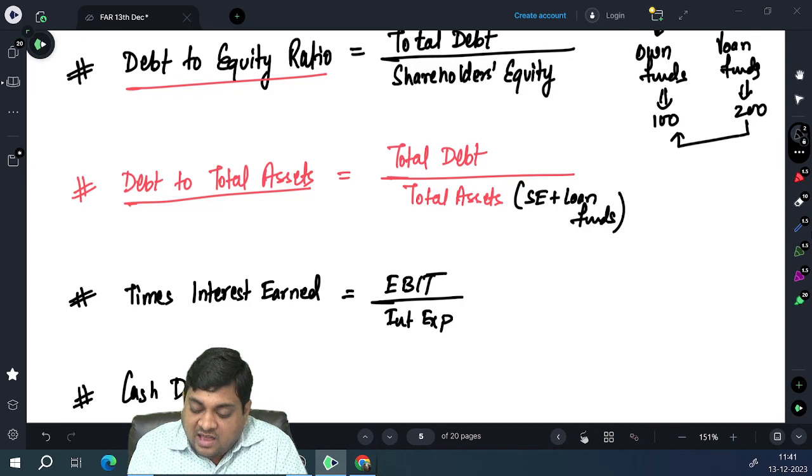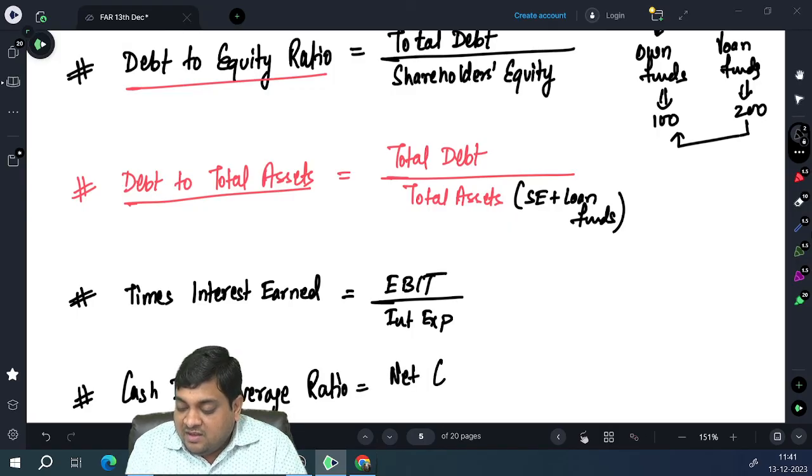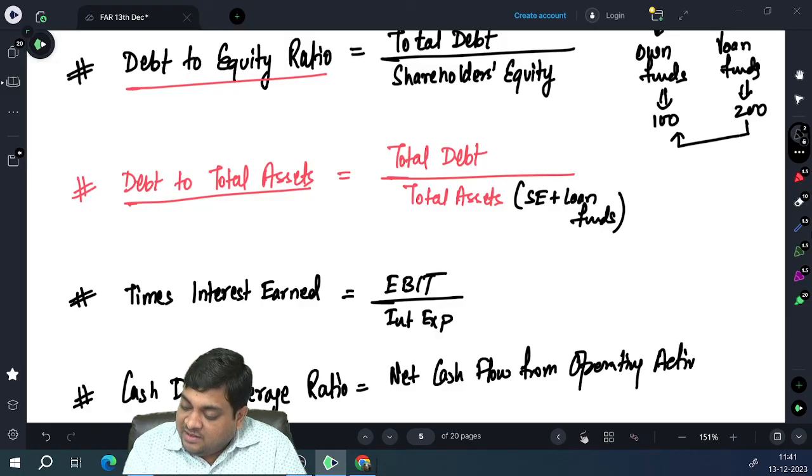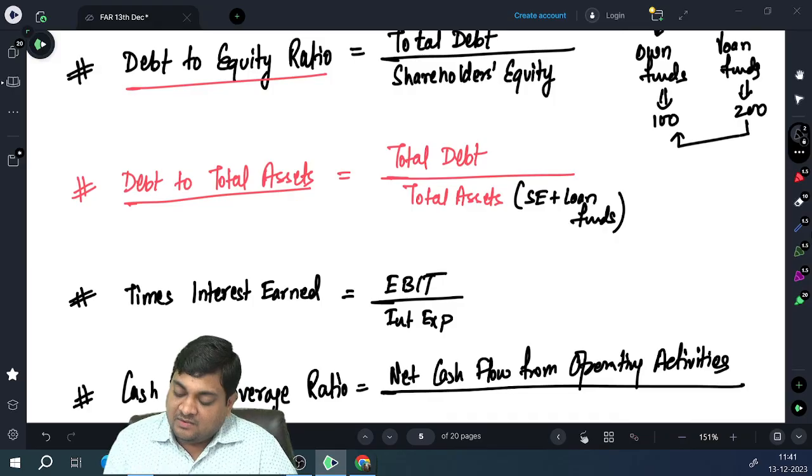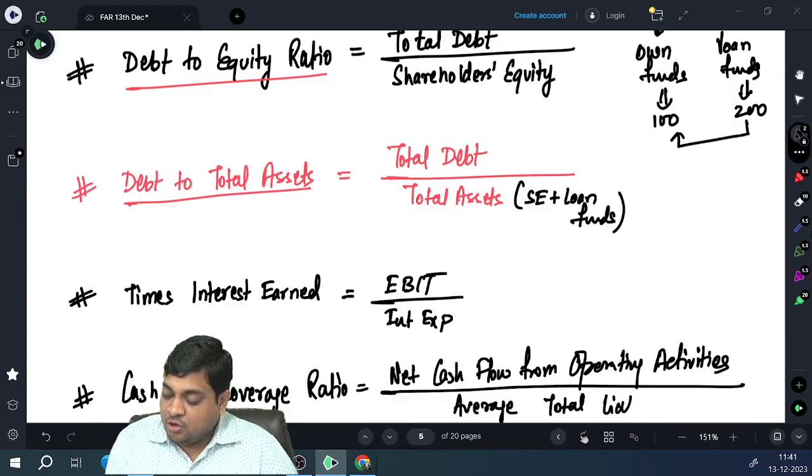We have the cash debt coverage ratio. So we have net cash flow from operating activities divided by average total liabilities, not current.